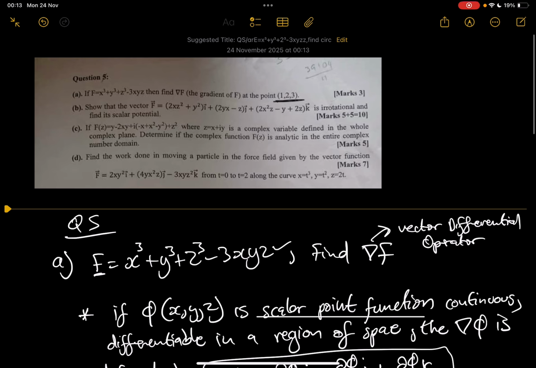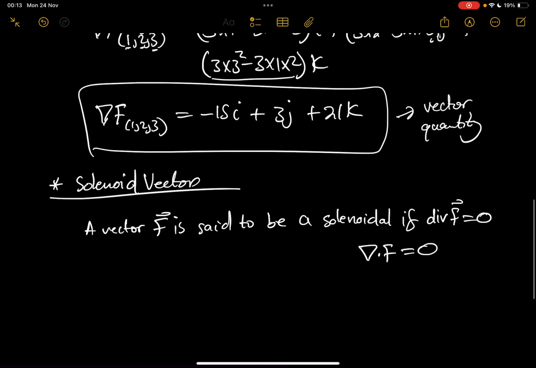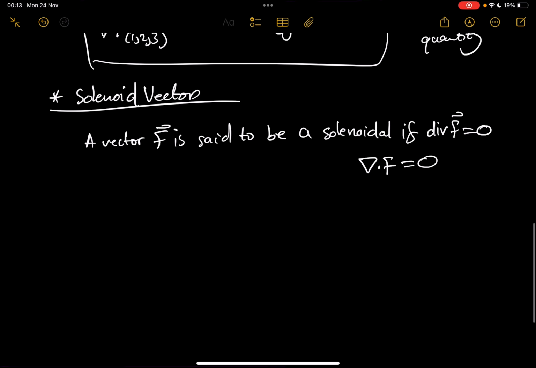But an irrotational vector, we are talking about the curl of a function.